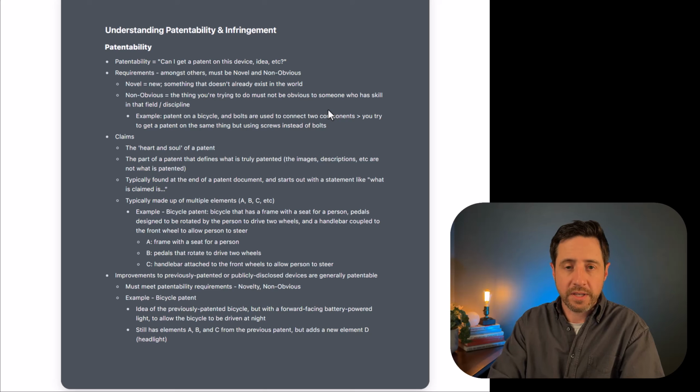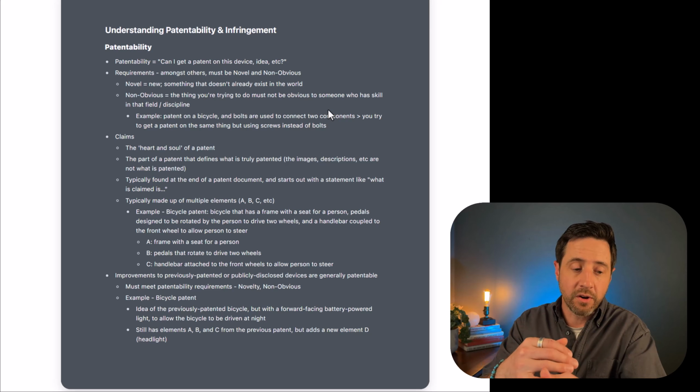So typically, and there's a lot that goes into it, but typically improvements to already existing inventions or patents are generally patentable, provided again that they are novel, they're new, and that they're not obvious.